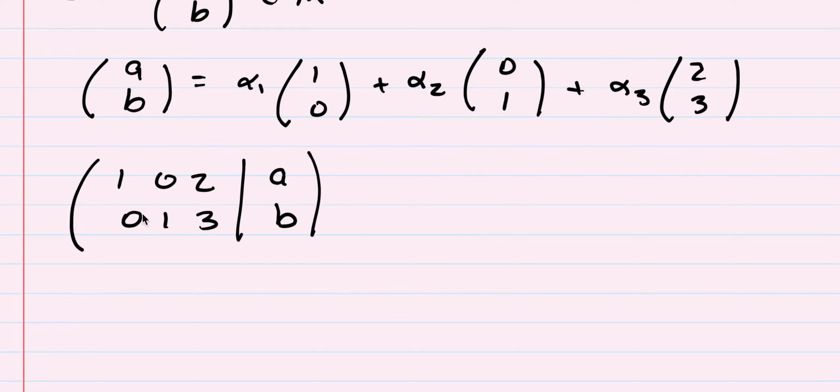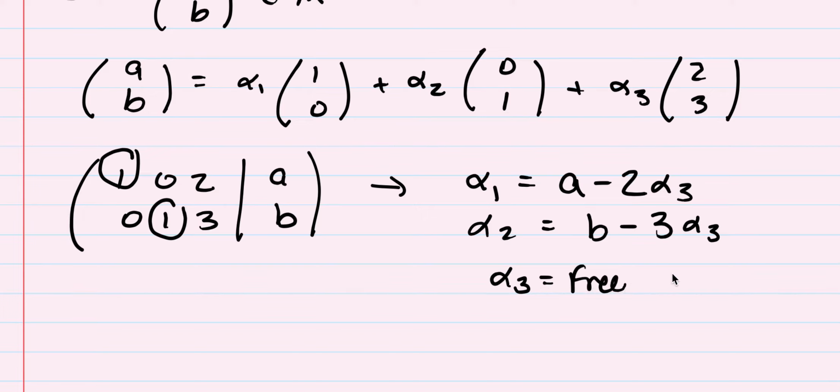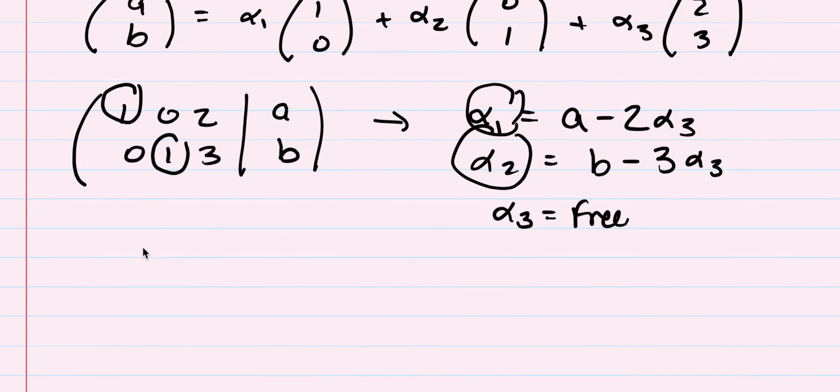But look, this matrix is already in reduced row echelon form. So solving for these pivots, alpha 1 is equal to A minus 2 alpha 3, and then alpha 2 is equal to B minus 3 alpha 3. So alpha 3 is our free variable. It can be anything. And then from that free variable, we get alpha 1 and alpha 2.